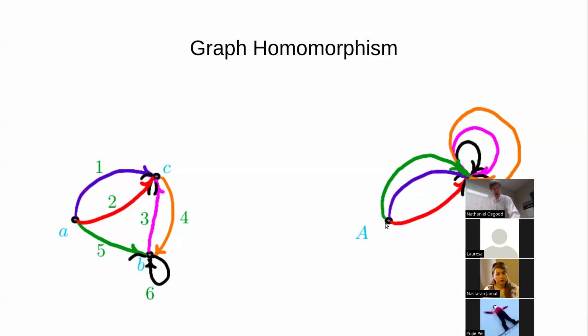So it would have to go from capital A to capital A, and there's no such arrow. So it would not work, right?